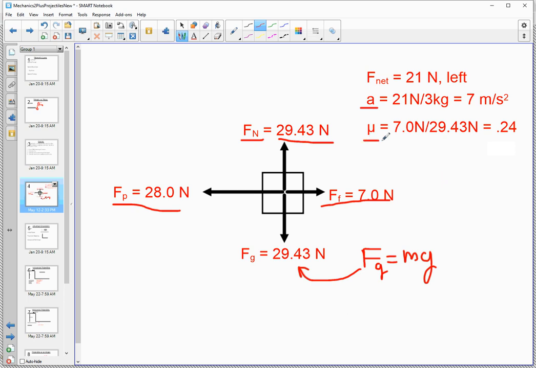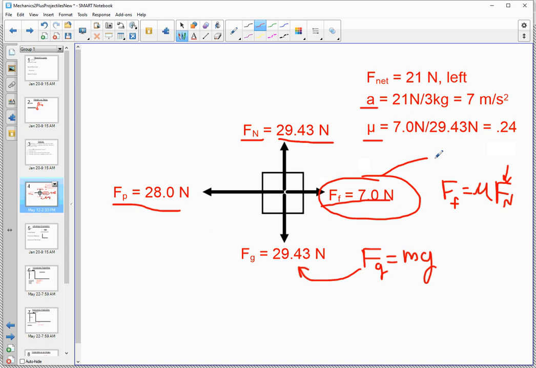And the last part, I know we didn't review friction, but here we go. The last part is to find the coefficient of friction, not the force of friction. We already know the force of friction. So the equation that you would use straight off the reference table is the force of friction equals the coefficient of friction times the normal force. And we've already found the normal force is 29.43 newtons. That's what you would put in there.